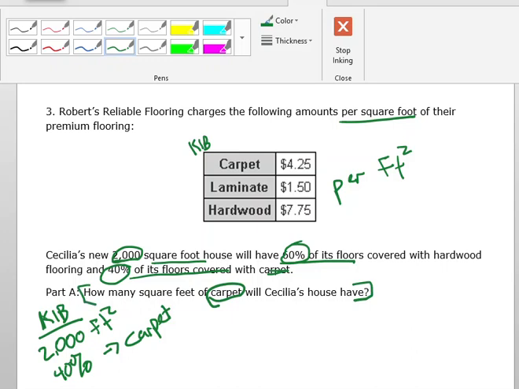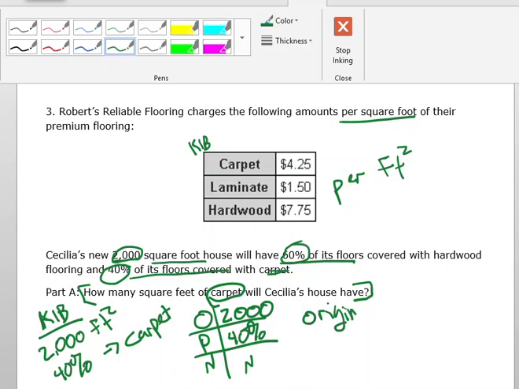So I'm going to do an OPN chart for part A. My original here is 2,000, and I want to find 40% of that to get my new. So I'm going to do my original times my percent is equal to the new, in this case, the carpet.